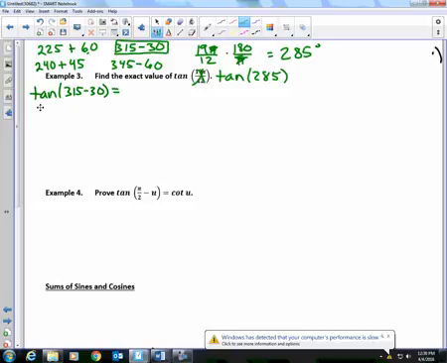Now I use my formula. If it's minus in the formula, what is it on top? Minus. What is it on the bottom? Plus. We have the tangent of 315 minus the tangent of 30, divided by 1 plus the tangent of 315 times the tangent of 30.